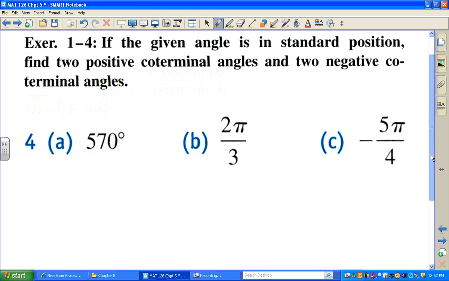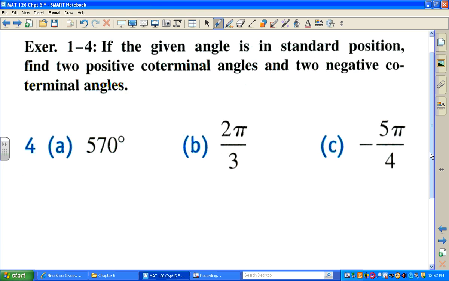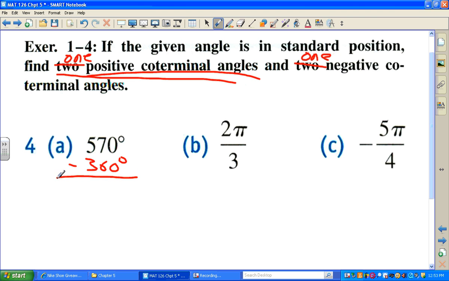All right, so if the angle is given in standard position, find two positive coterminal angles and two negative. Let's not do two. Let's do one. I'd be happy with one. All right, give me an angle coterminal to 570. How'd you get 210? So I took 570 minus 360 and got 210. Nice. That's the positive.